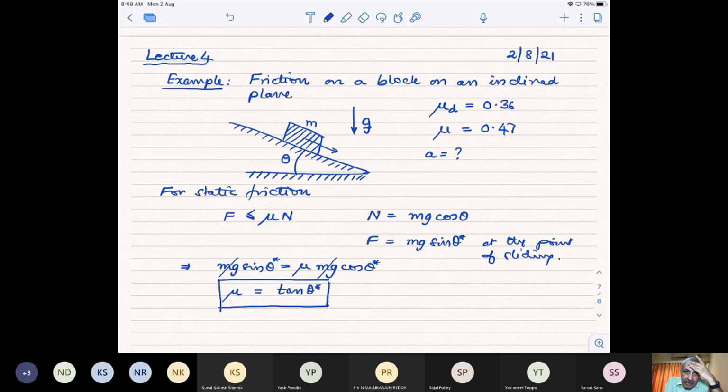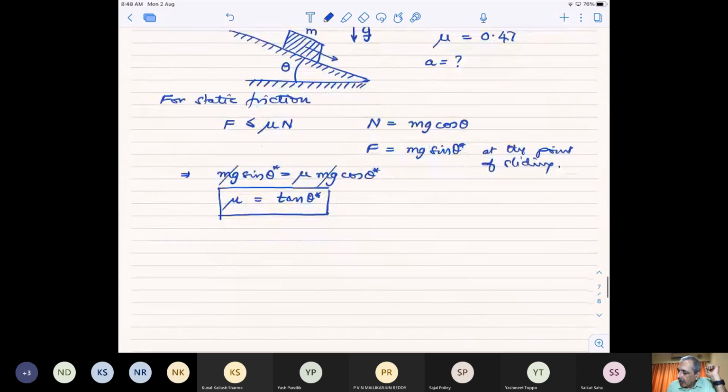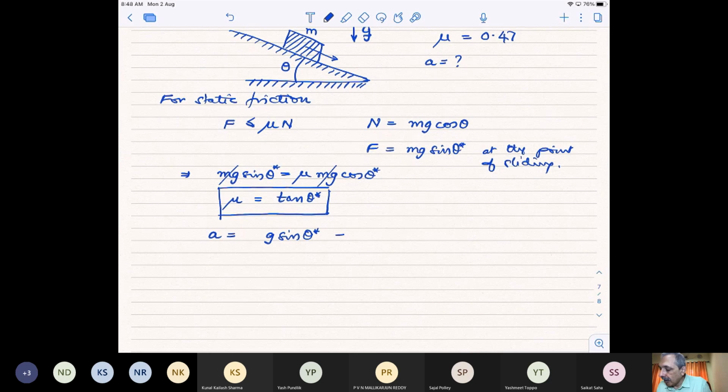Now, as soon as it starts sliding, the friction goes down and it becomes mu d. So in that case, your acceleration just becomes g sine of theta star, that is the acceleration due to gravity, minus the resisting acceleration, or the acceleration due to the frictional force.